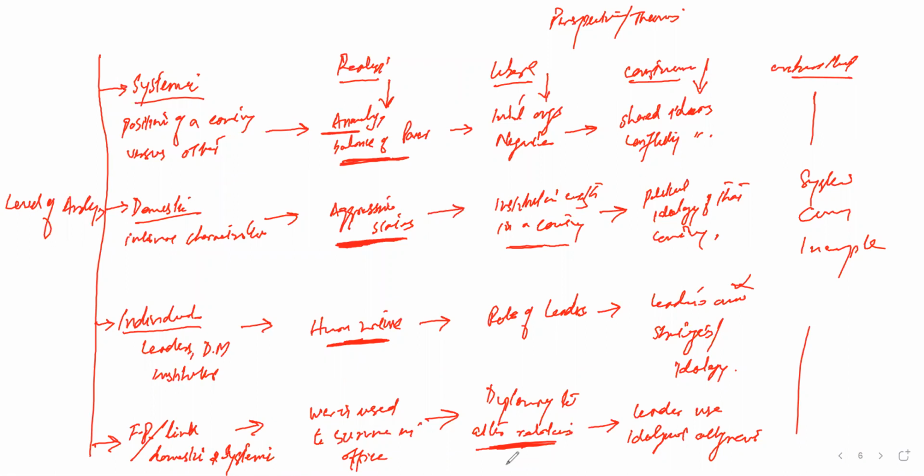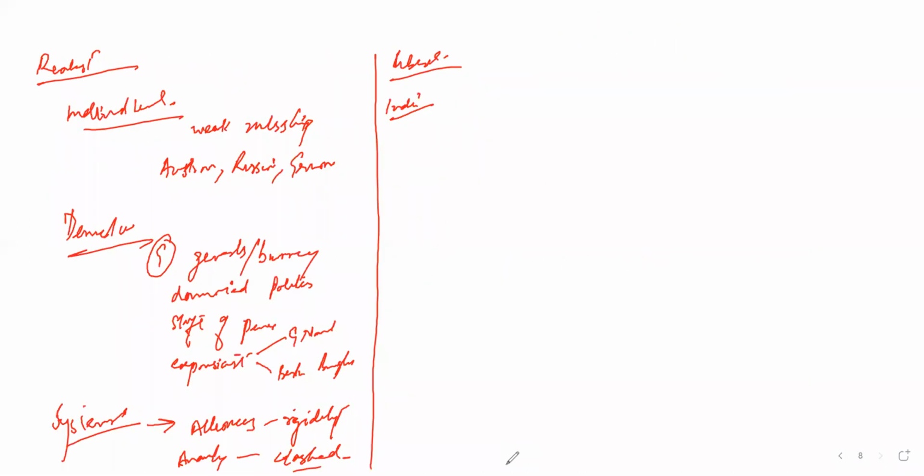So liberals see that Bismarck or some other individuals are more effective than other leaders, like the king of Germany.